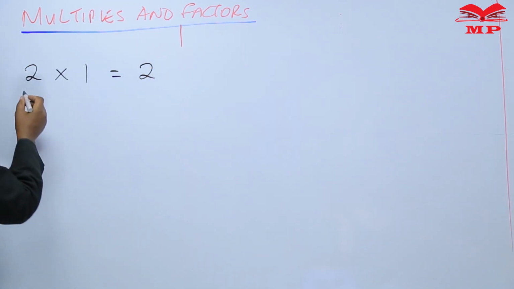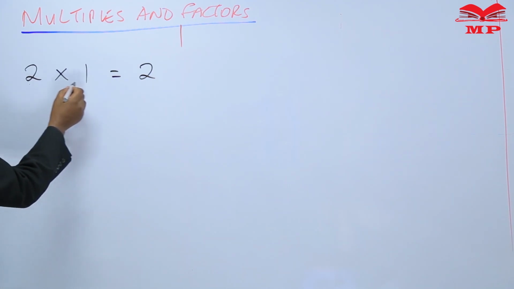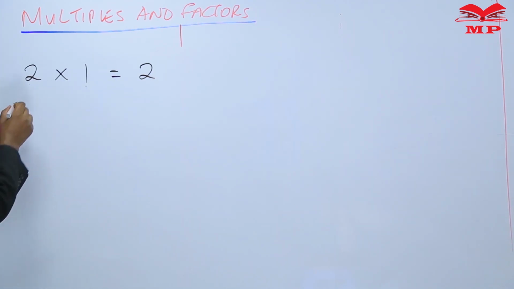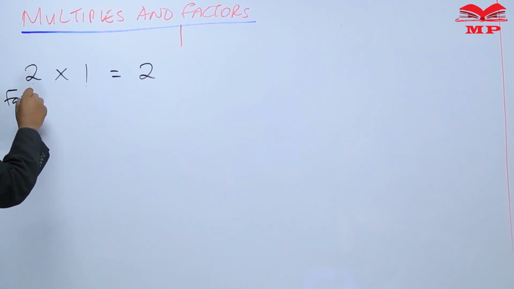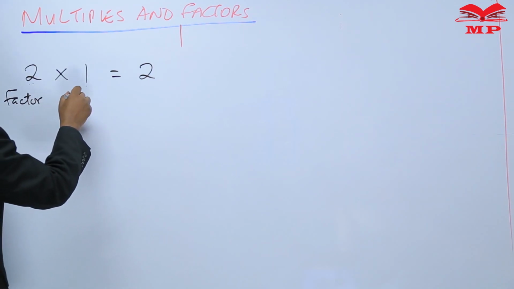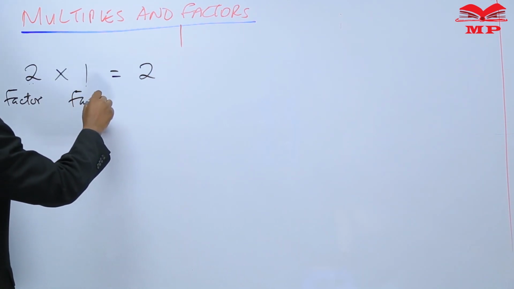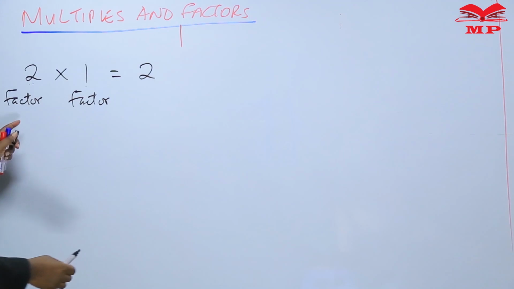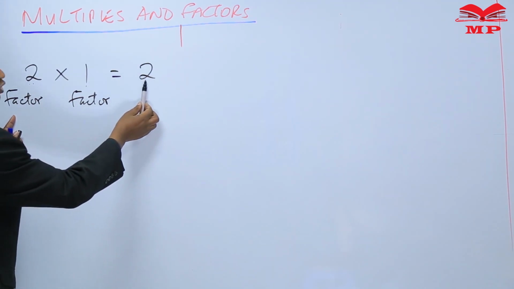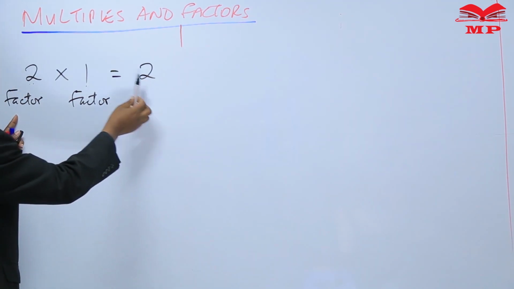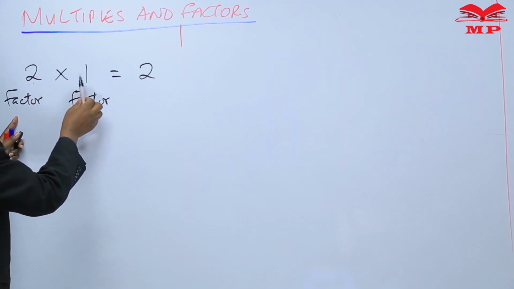Now these two numbers are what is referred to as factors. So the factors of 2 are 2 and 1.